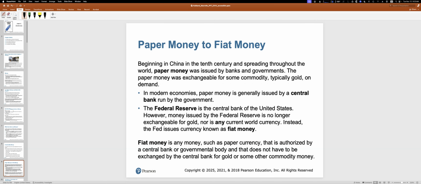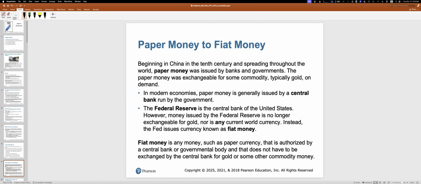And then the other part to this would be that, starting in the 1700s, but then yes, I see it says the beginning of China, 10th century, but yes, the Chinese did invent paper money, so if you've got a lot of pride for China, you could say that, yes, they invented fireworks, paper money, and a bunch of other things.